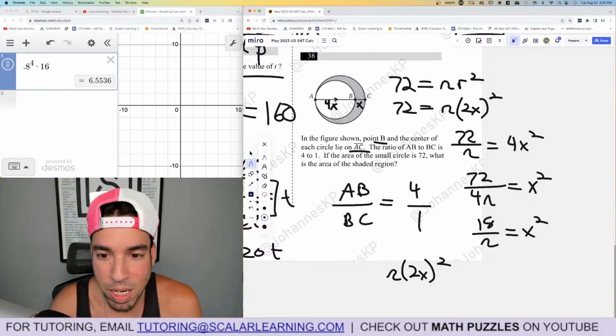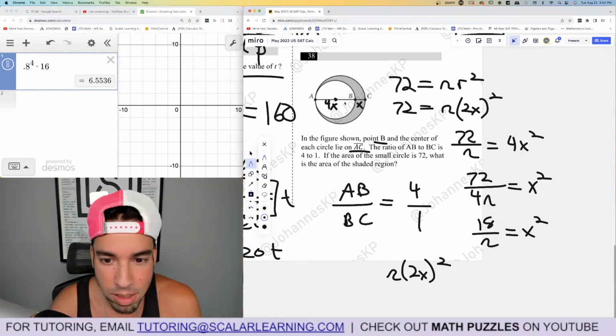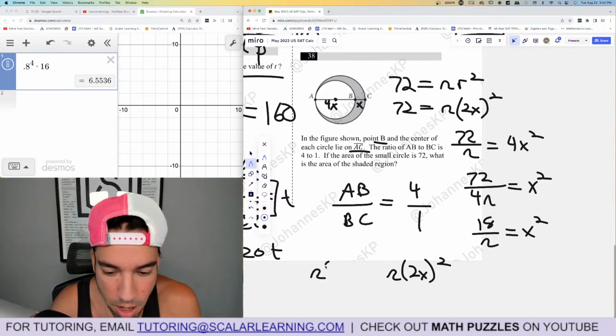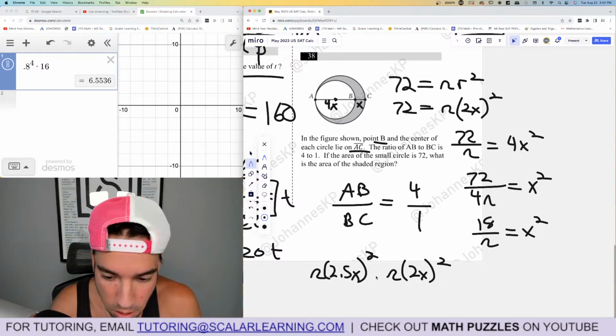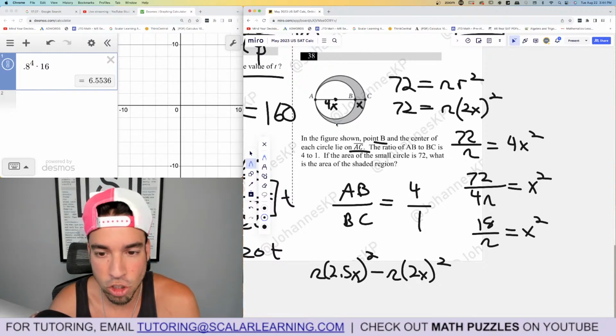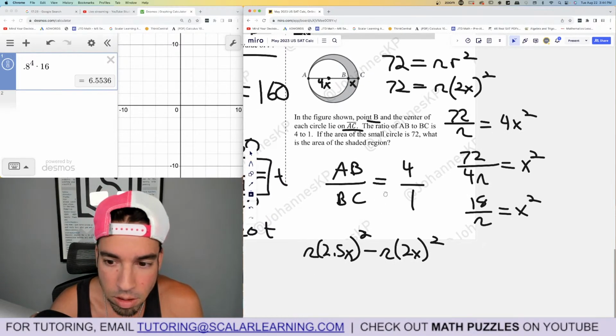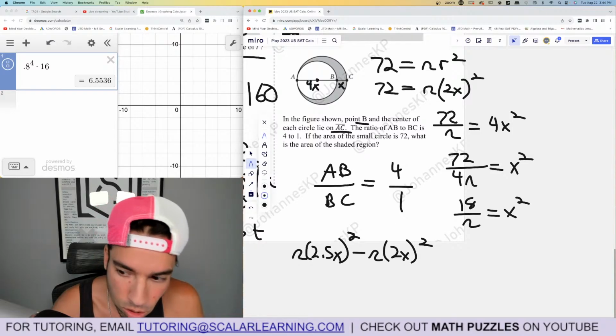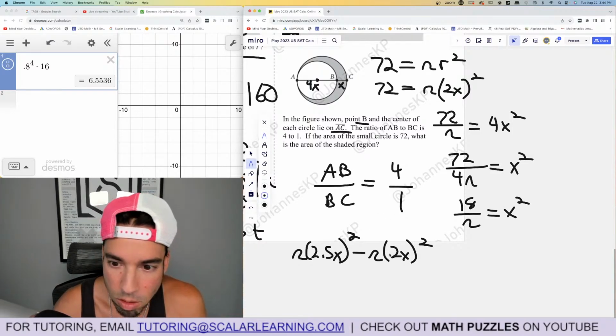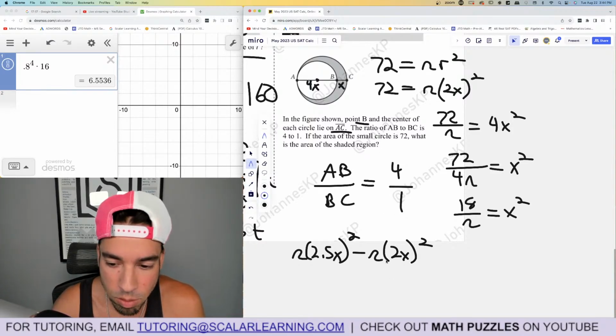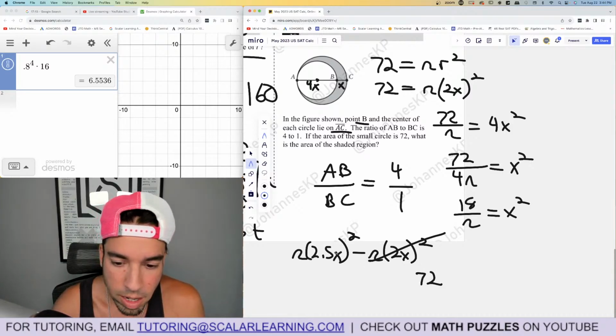And the radius of the big one, since the whole diameter is 5x, it would be 2.5x. Pi r squared. And then we subtract the two. That gives us the shaded region, okay? And let's see if we can do this. So, oh, but we already know the area of this. We already know this becomes 72. All right, now what about this?